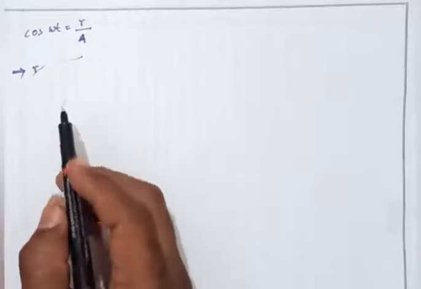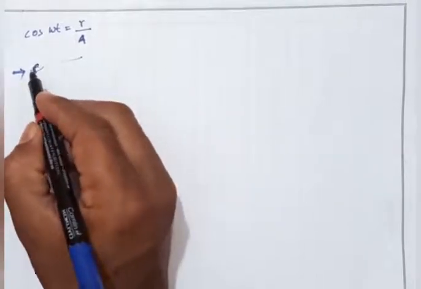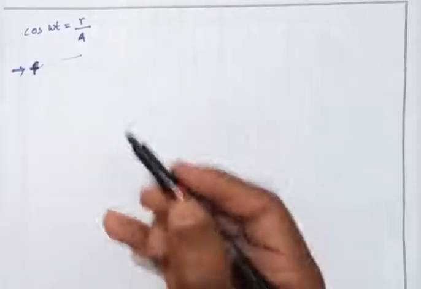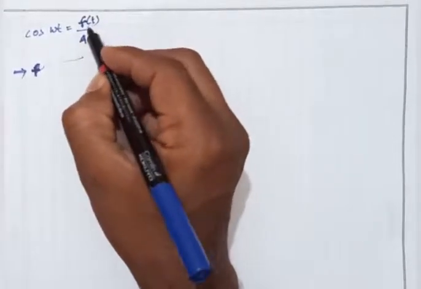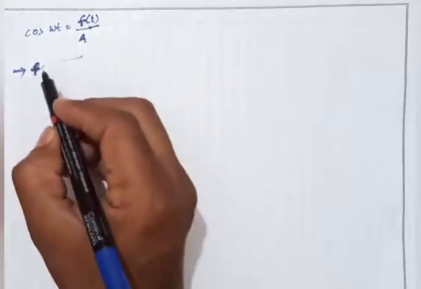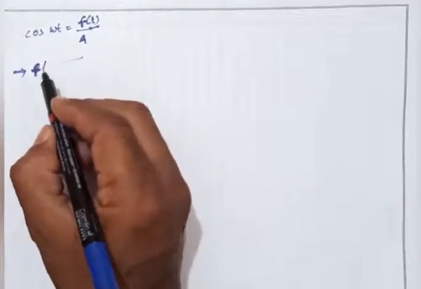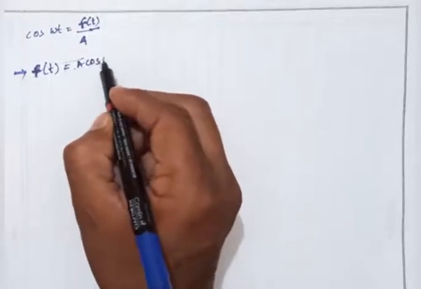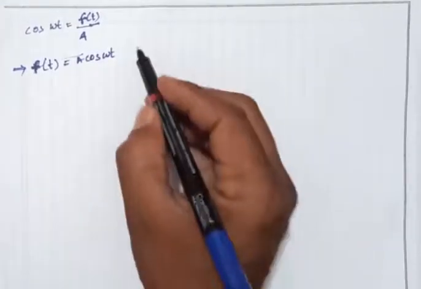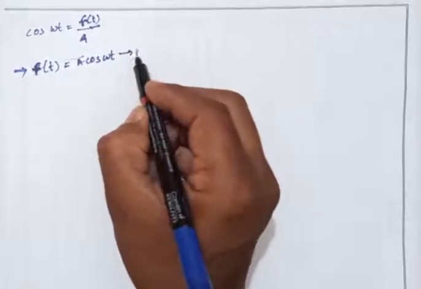The function f of t equals A cos omega t. This is equation number 1.